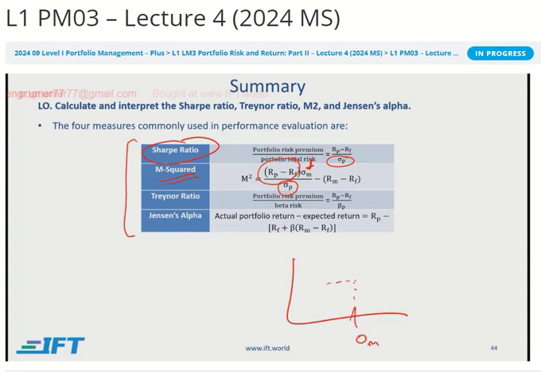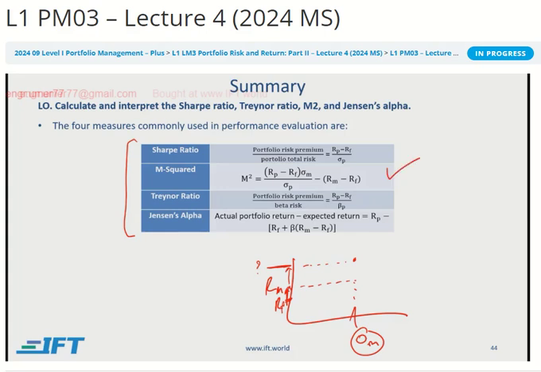The market would have given me this much extra compared to the risk-free rate, and for the same amount of risk, I've actually generated more than that. So when I take my excess return divided by my standard deviation and multiply it with the market risk, I calculate what I would have generated if I took the same risk as the market. If it is more than what the market would have generated, then I have done better than the market.